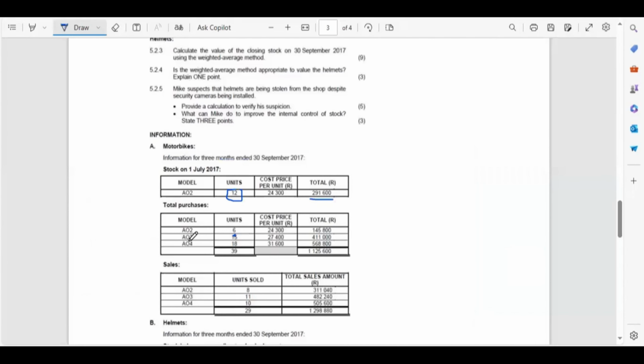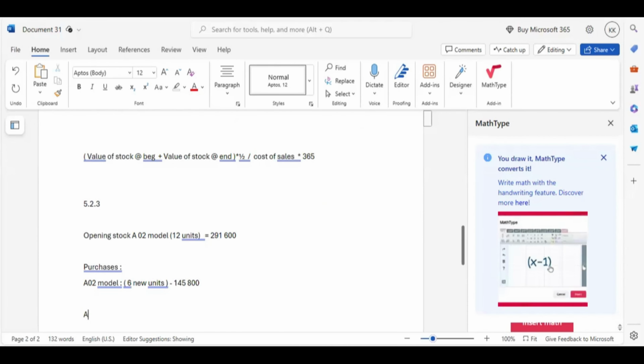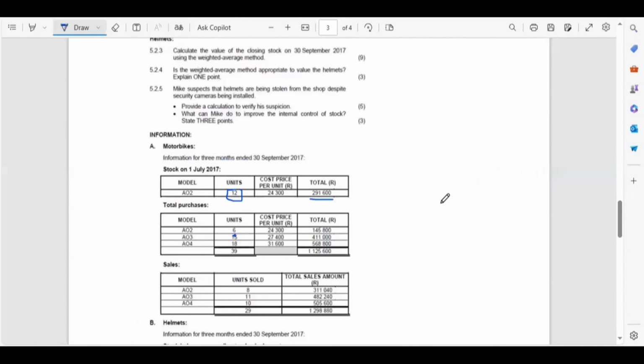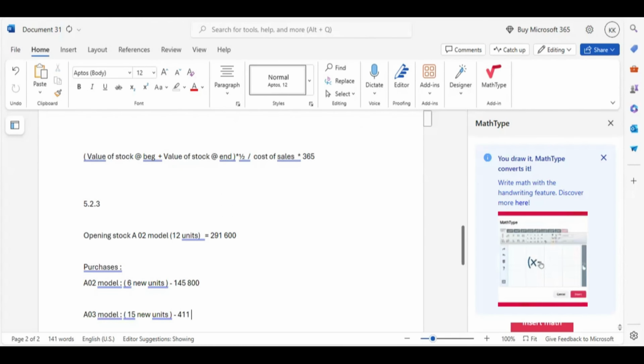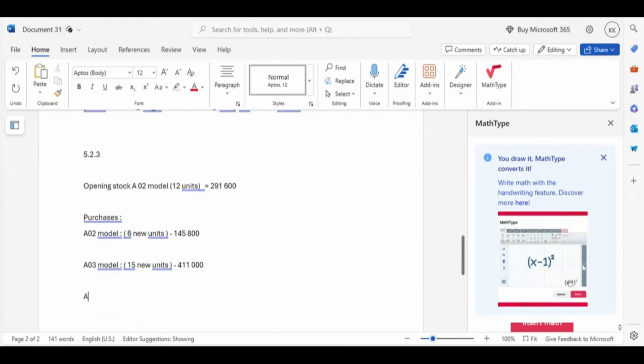I purchased the A03 model, and I think I purchased 15 new units of the A03 model. And what is the cost of those units? Those units were worth 411,000. And the other model is the A04 model.